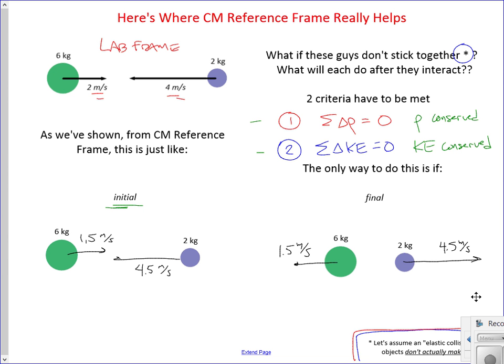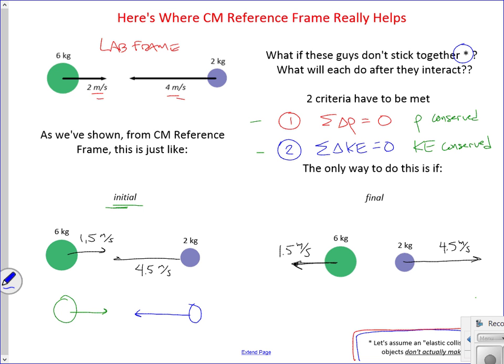Now, I understand that the center of mass is not a thing, it's not an object, but if we think about it as something that doesn't move, well, then this 6 kilogram object comes at it, and the thing can't move, so it has to bounce back just like it came, or we would have either lost some kinetic energy or gained some. The same thing can happen, or does happen, for this 2 kilogram object. It comes in like this.